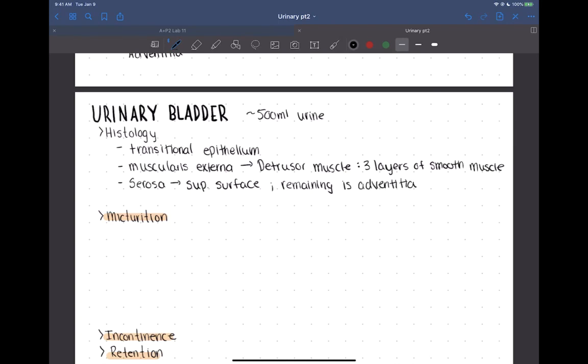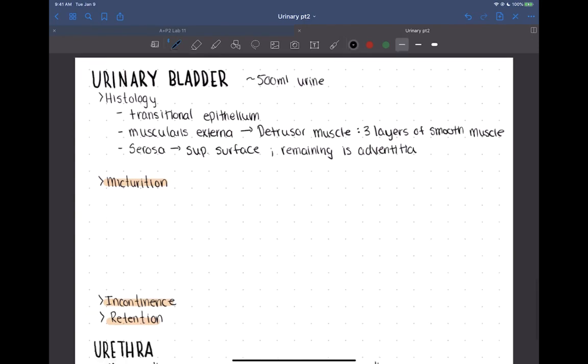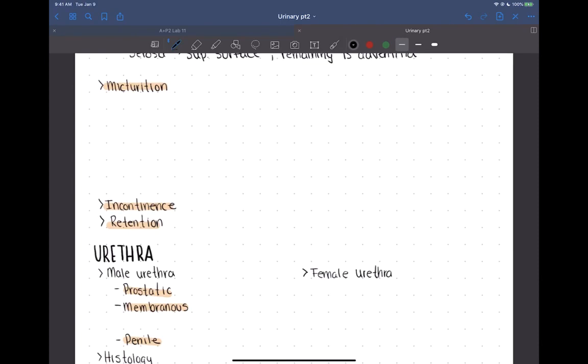Let's talk for just a moment about micturition. Micturition is just the process of urination. The way micturition occurs is that the bladder is going to stretch as it fills with urine.